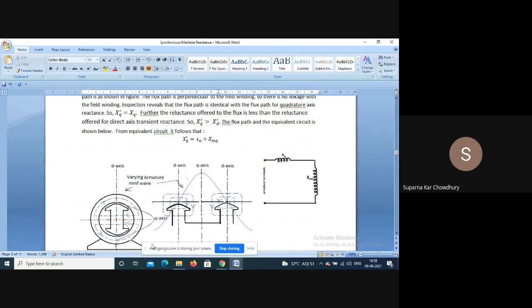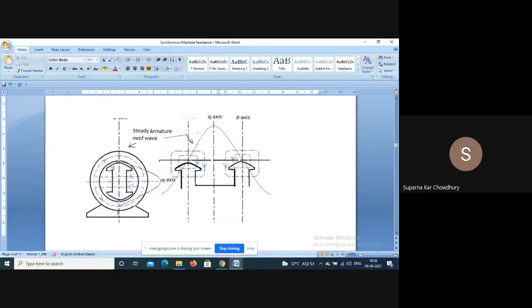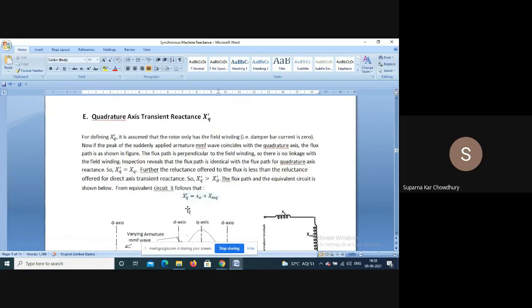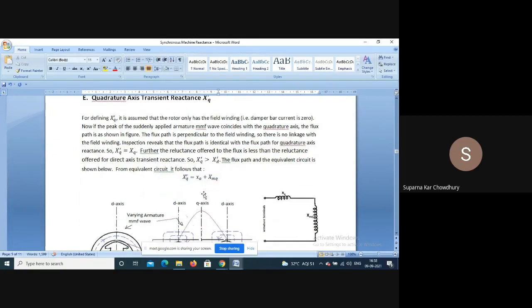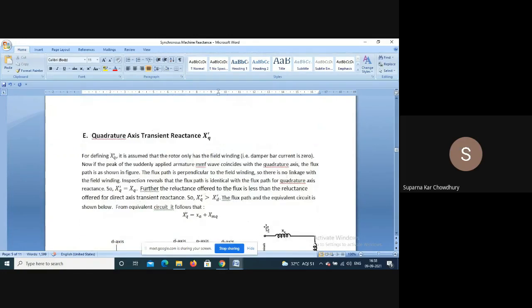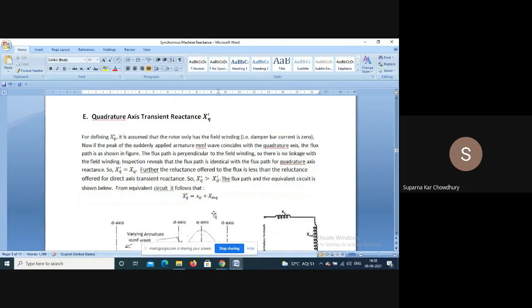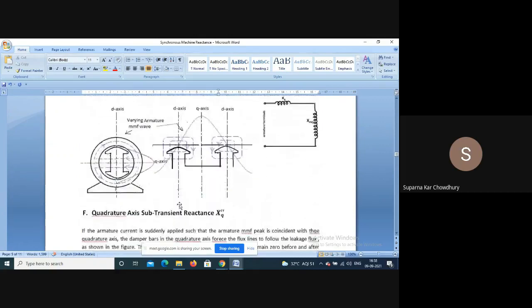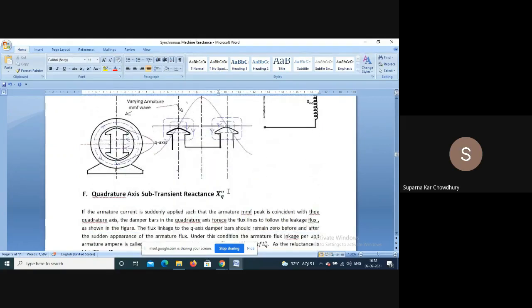This flux distribution and the flux distribution for XQ are the same. So basically XQ dash is equal to XQ. The transient reactance XQ dash and the quadrature axis synchronous reactance XQ are equal, because in the direct axis they are different since the field winding was coming into play. Here in the quadrature axis we do not have the field winding.